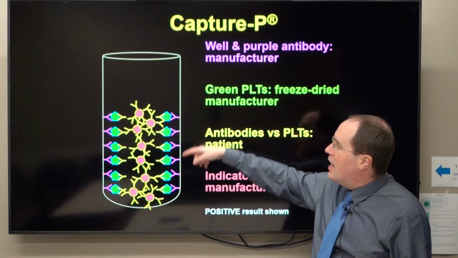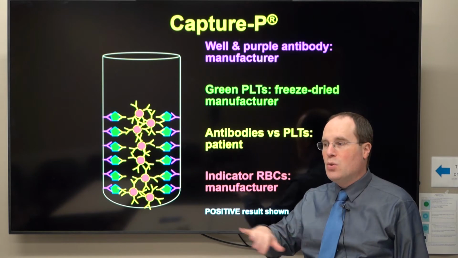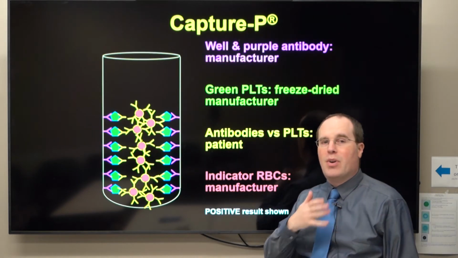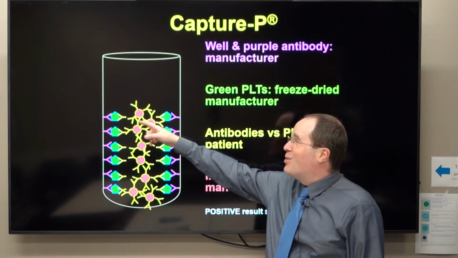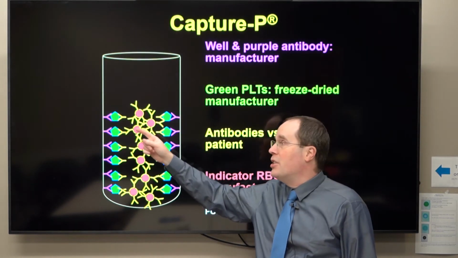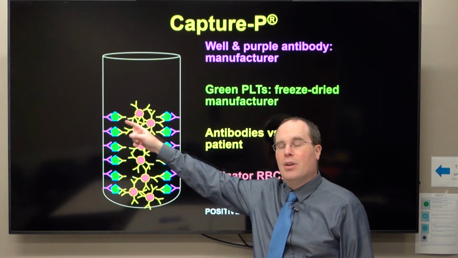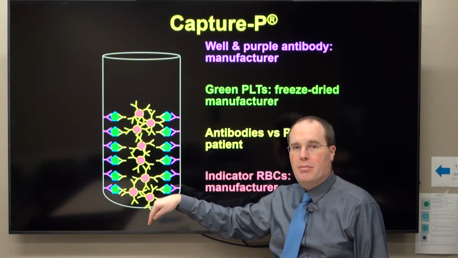So then when you see what they call a lawn of red cells, kind of a uniform redness, that's positive. A uniform redness, a lawn of red cells is positive. If, however, the indicator cells do not see any IgGs from the patient that are attached to any of the reagent platelets, then all these indicator red cells will fall to the bottom, right?